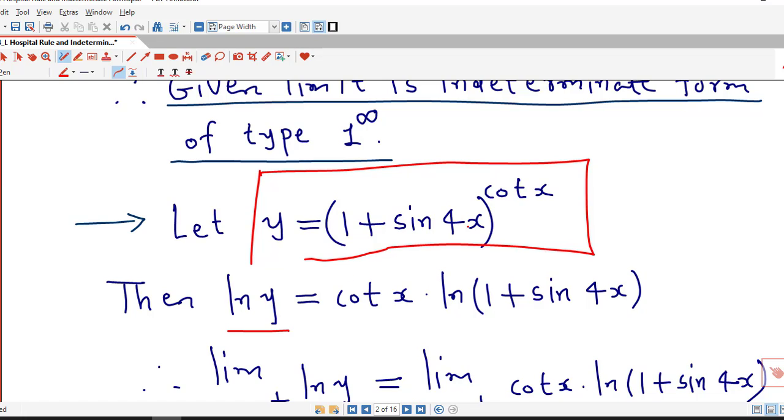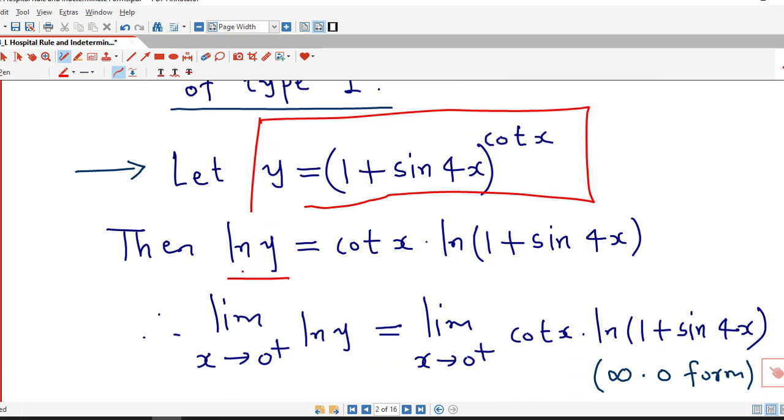So log y equals log of (1 plus sin 4x) to the power cot x, and using the property of logarithm we can write this as cot x into log of (1 plus sin 4x). Then we take limit as x approaches 0 from the right hand side on both sides: limit of log y as x approaches 0 plus equals limit of this product as x approaches 0 plus.